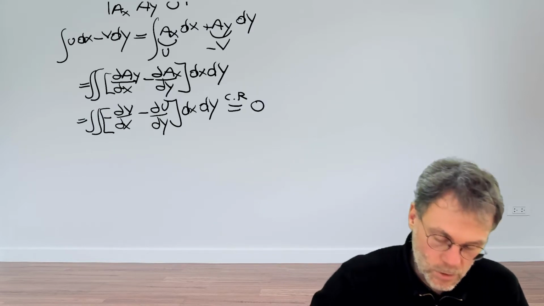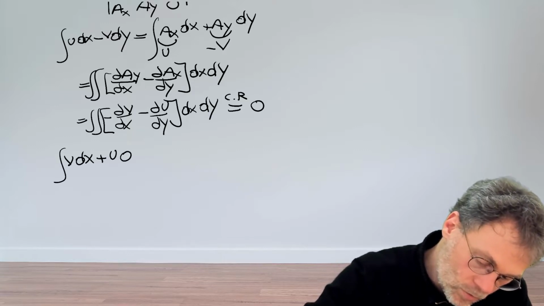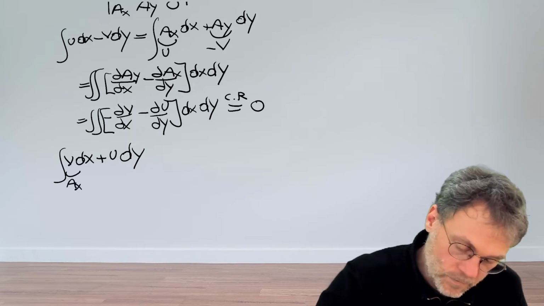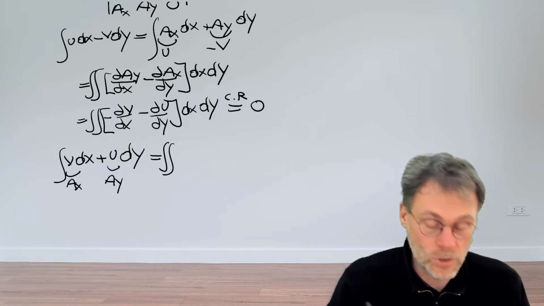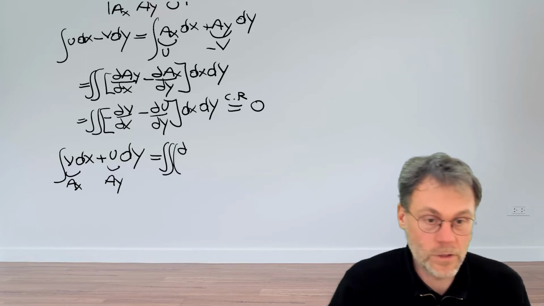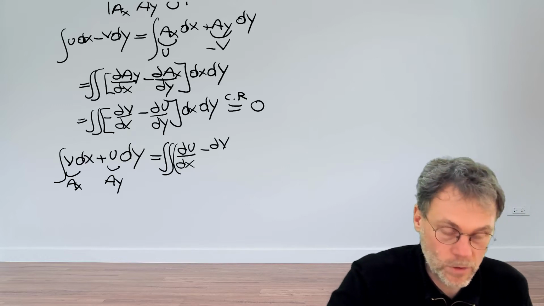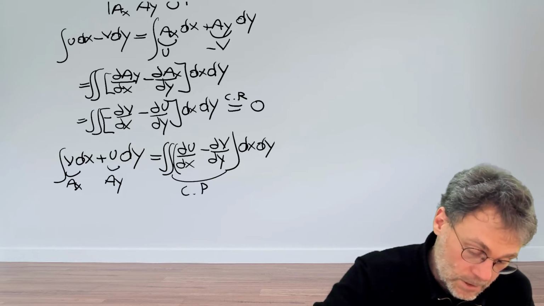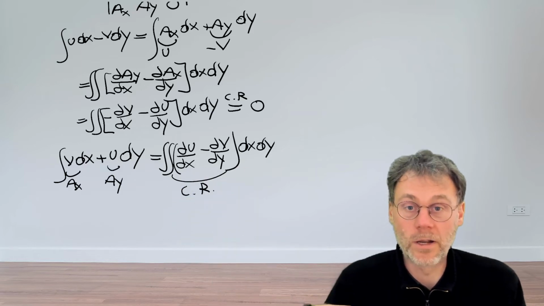So now we have the integral of v dx plus u dy. So trivially, Ax is v and Ay is u. So this now becomes the surface integral of the partial derivative of u with respect to x minus the partial derivative of v with respect to y, dx dy. And again, this is another one of the Cauchy-Riemann conditions that tells us that this thing vanishes as well.